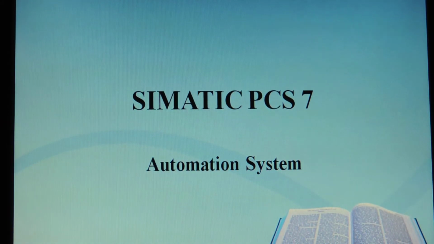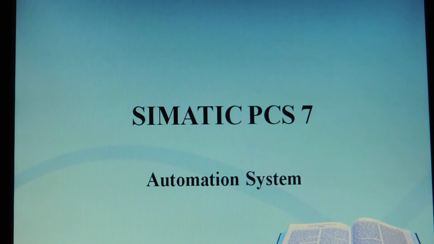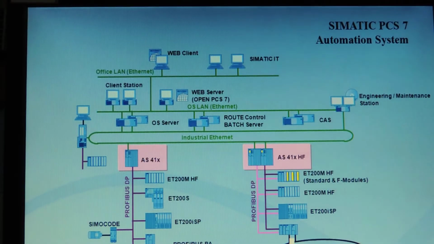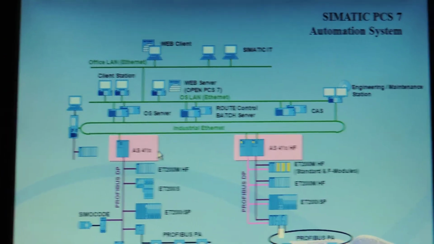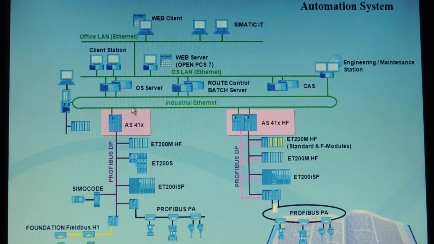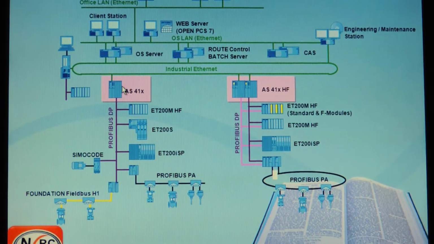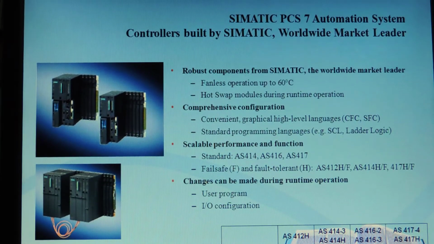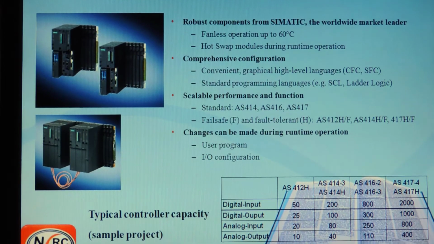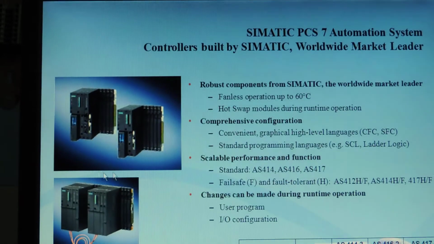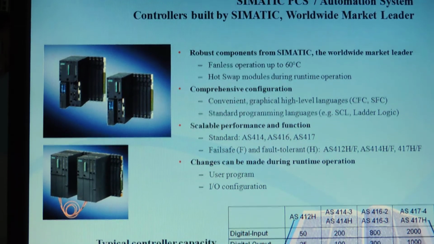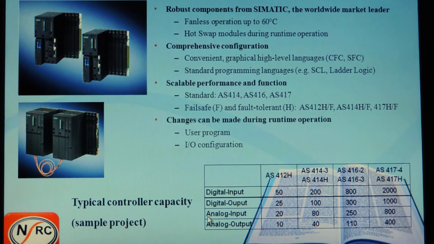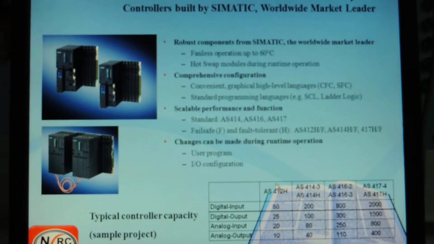And the next station is the automation station. In this automation station, we are going to discuss the DCS hardware. Now, this is the SIMATIC PCS7 DCS hardware kit. Here we have different types of I/O modules: digital input module and digital output, analog input, analog output, and these are your models.